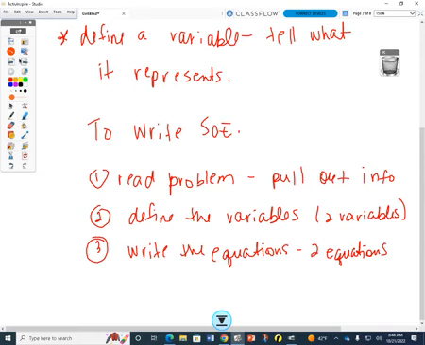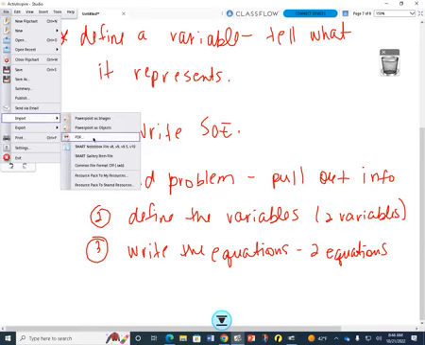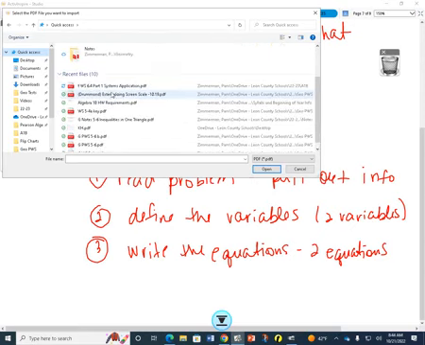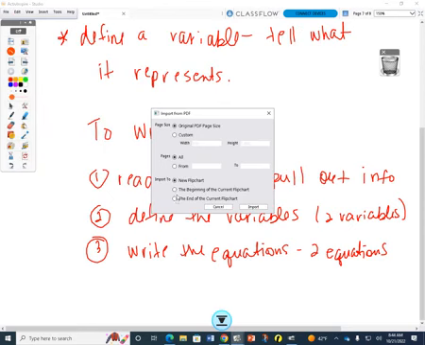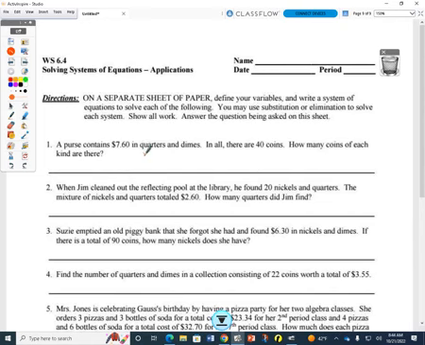So let's go ahead and go to today's assignment. The directions say, on a separate sheet of paper, defining your variables.